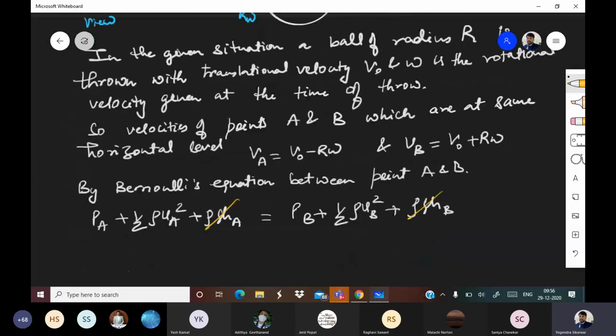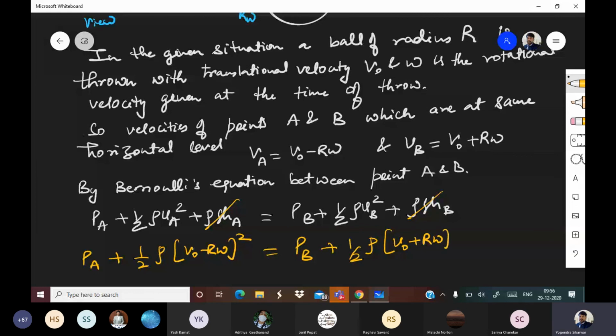Now, PA plus half rho. VA is how much? V naught minus R omega whole square, is equal to PB plus half rho. What is VB? VB is V naught plus R omega whole square. Correct.